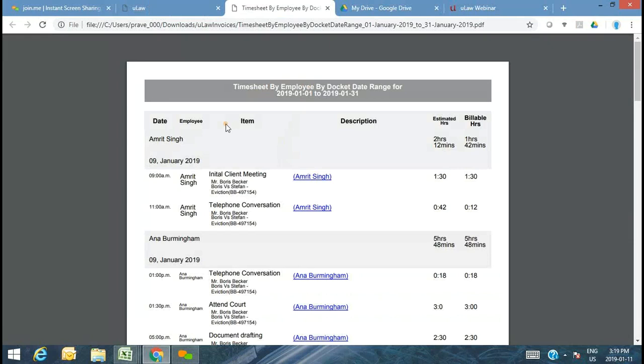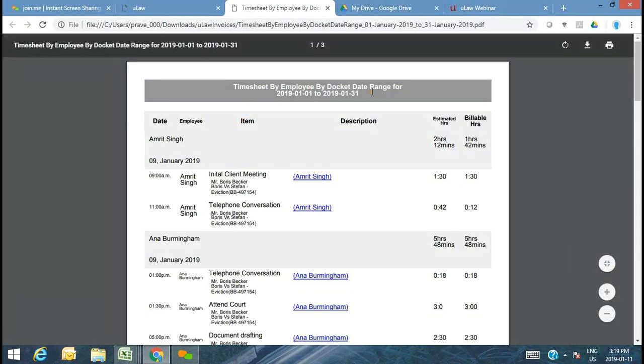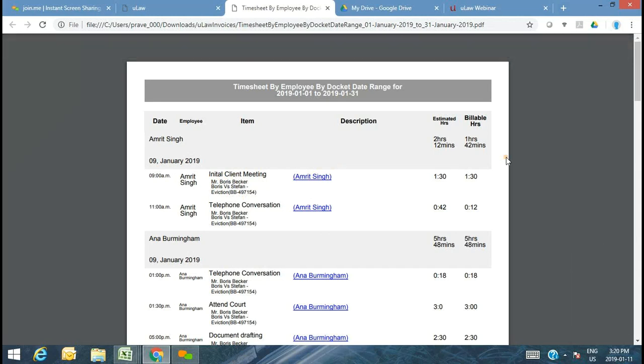So if you truly understand this timesheet for the month of January for 2019, we've got individual legal professionals in the firm. So we'll start with Amrit Singh and the work Amrit Singh has done. So there's initial client meeting, work done for this particular client, Boris Becker.